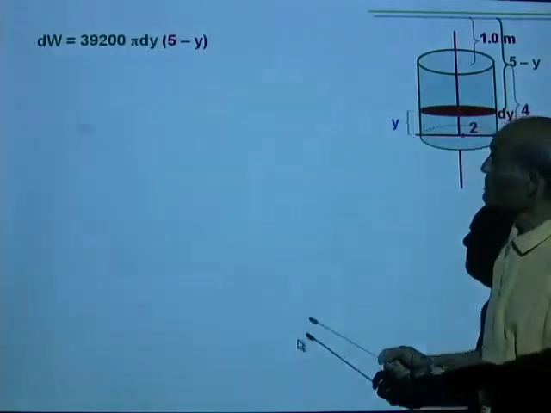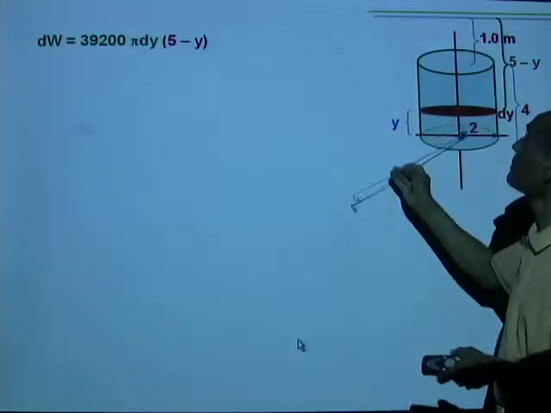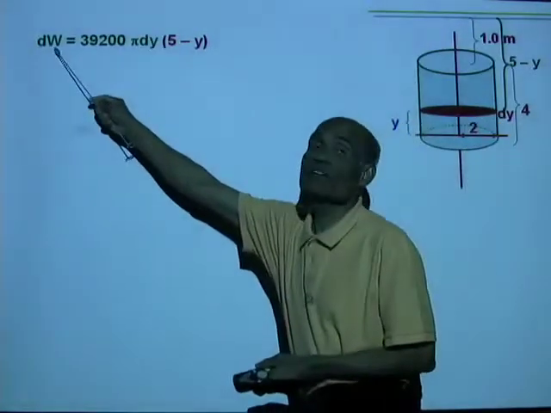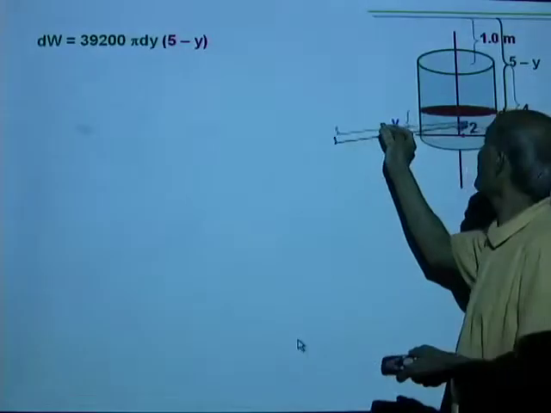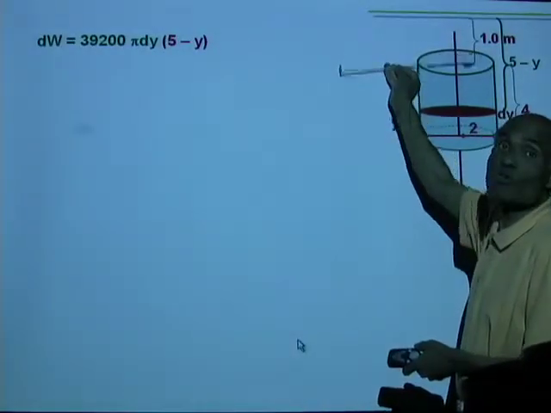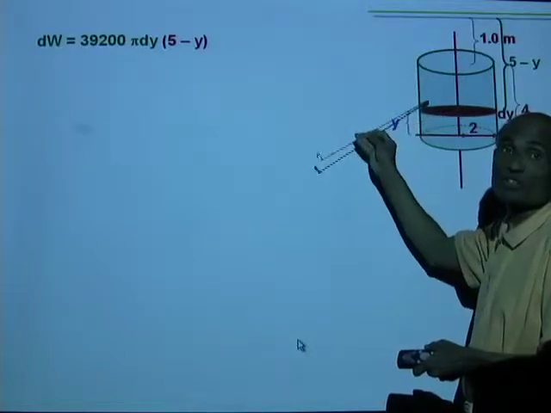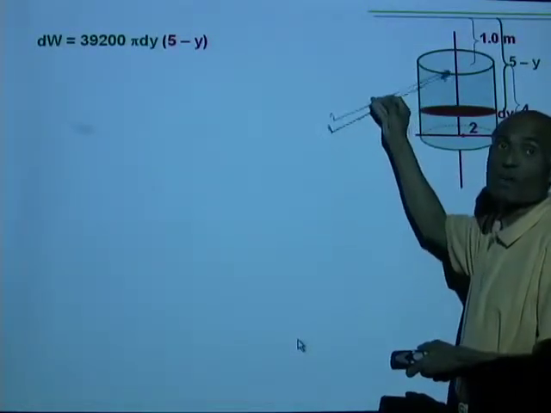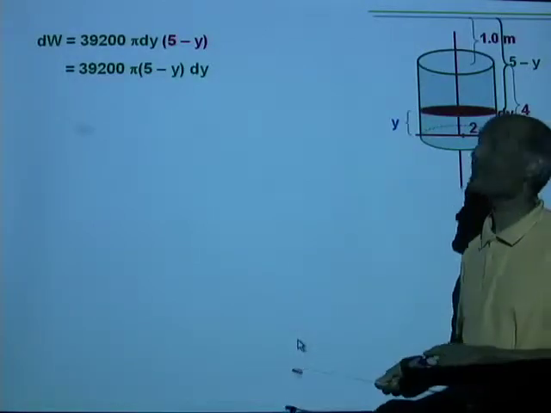And now, to get the total work done, what do we do? All we need to do is integrate that dW from y equal to 0 to y equal to 4, because this can be anywhere inside the tank from y equal to 0 to y equal to 4.